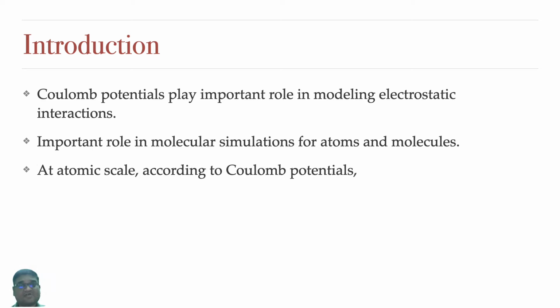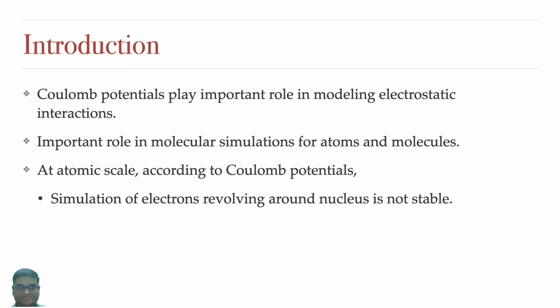At atomic scale, I mean within the atom, where electrons are distributed around the nucleus, the Coulomb potential applies. But when I applied the Coulomb potentials and ran the molecular dynamics simulation or Monte Carlo simulation, I found that the atom is not stable.